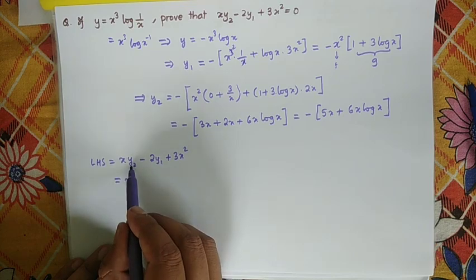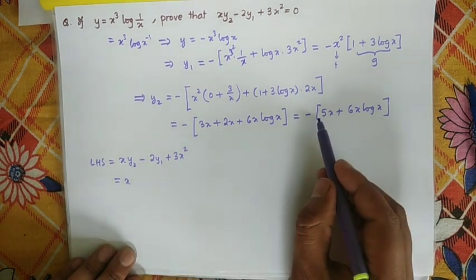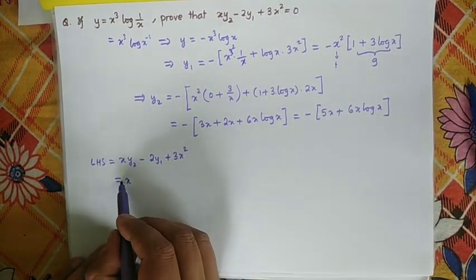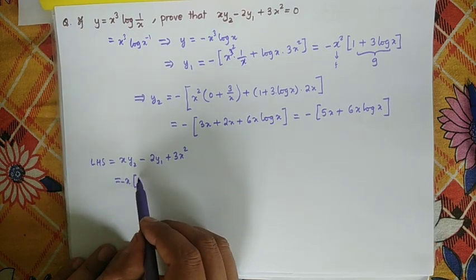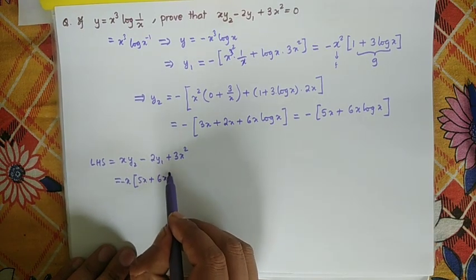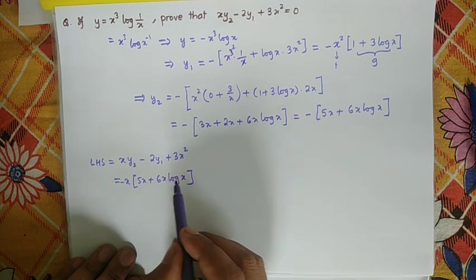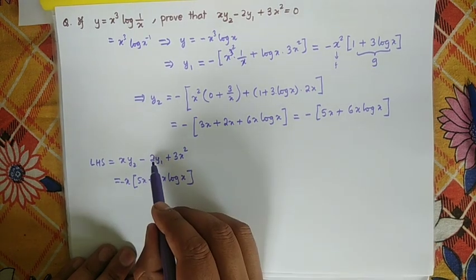So x into y2 is how much? Minus this much, right? So minus 5x plus 6x log x minus 2y1.